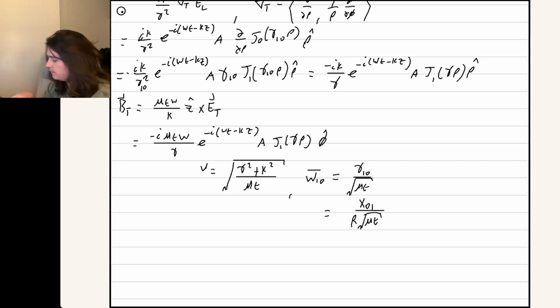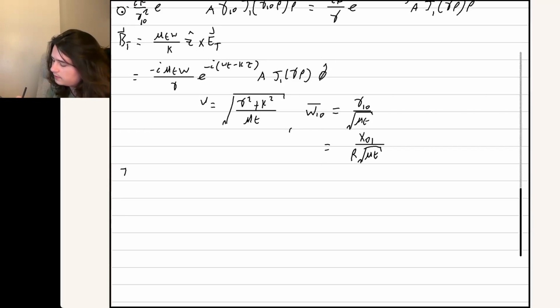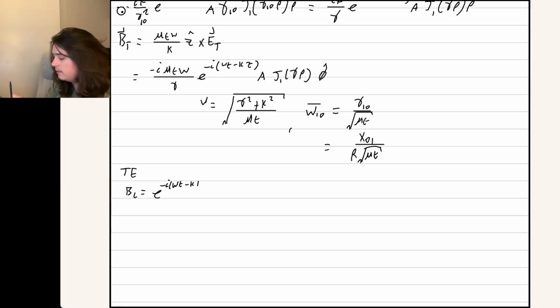Okay, that's the TM modes. We can look at the TE modes now. And with TE, you have to start with the longitudinal magnetic field. But it's going to be a very similar wave function as before, minus kz.